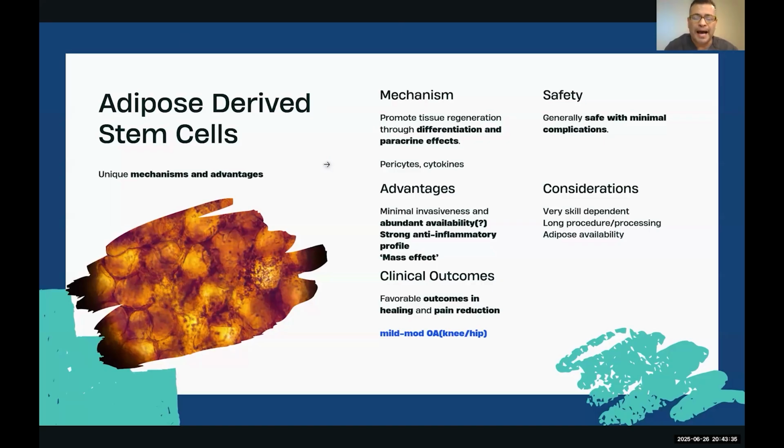One problem I see, or one consideration we have to keep in mind with adipose-derived stem cells, is that we're not all experts in liposuction like Dr. Randy Miller, right? We're not all plastic surgeons, but at least the good thing is we have to obtain just a little bit of fat if you're treating a simple joint.